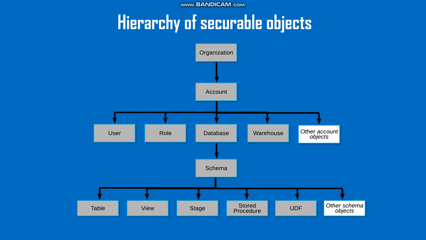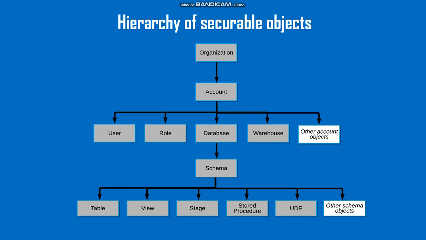Then under that account, we are free to create users. We are free to create custom roles, although system defined roles are shipped with the Snowflake account that we created. Then we are free to create databases and warehouses, which we have not created till now, because the account admin role is not meant to create databases, warehouses, and other relevant objects, as we have sysadmin and other custom roles to perform these operations.